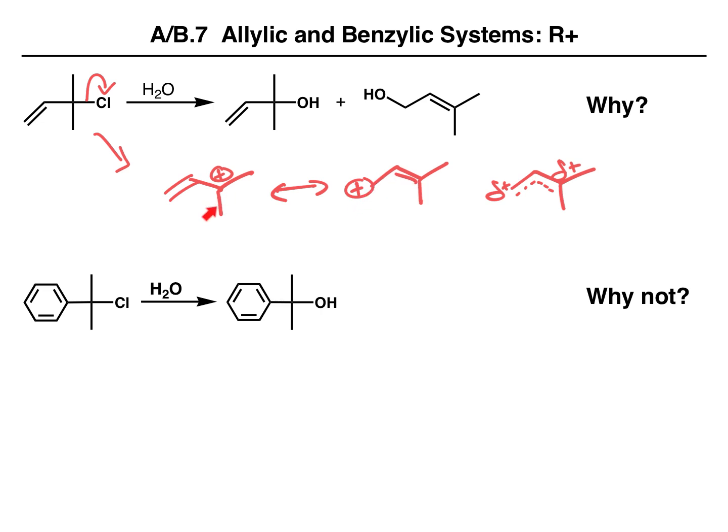So this one would be more stable, so this is the major contributor, which means our resonance hybrid is going to look a little bit more like this one. So in other words, we are going to have more partial plus character at the tertiary position and a smaller partial plus at the primary position.